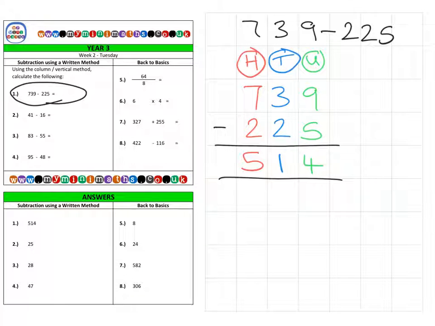And what we can do is we can break this calculation down into its separate columns, its hundreds, its tens and units. So we'll start with the hundreds. We have 700s, there's 100, 200, 300, 400, 500, 600 and 700.